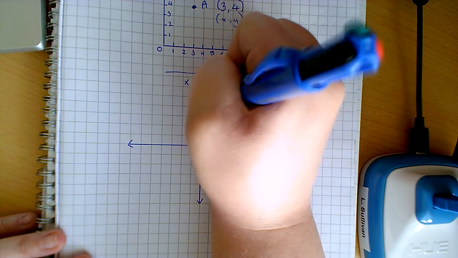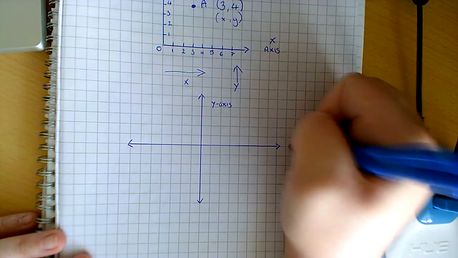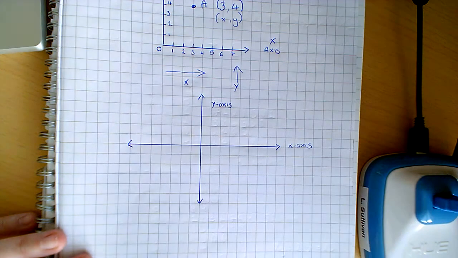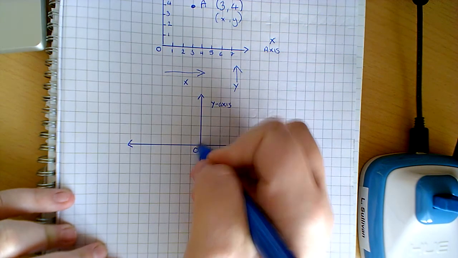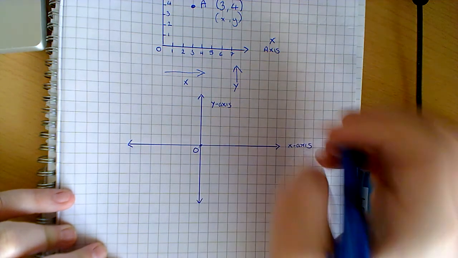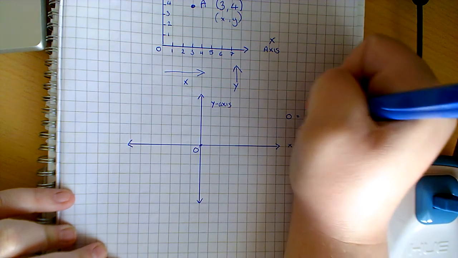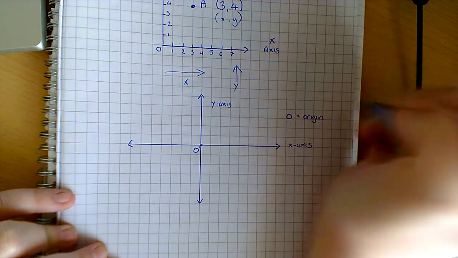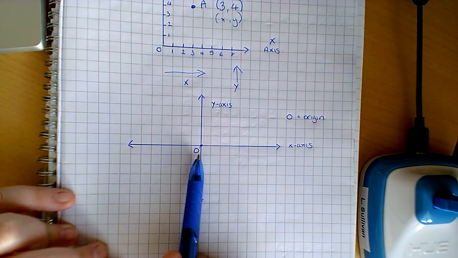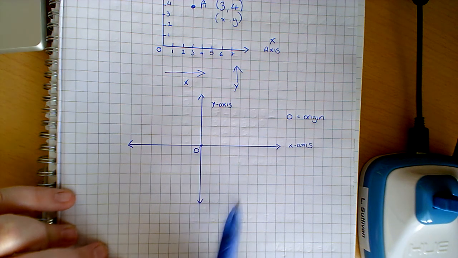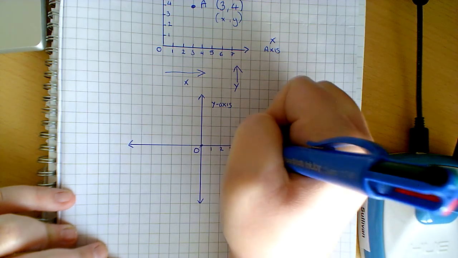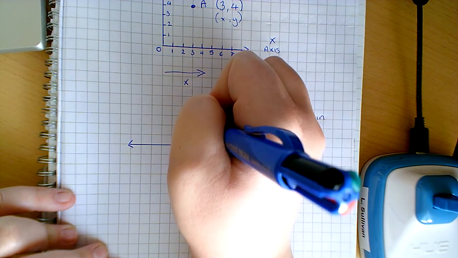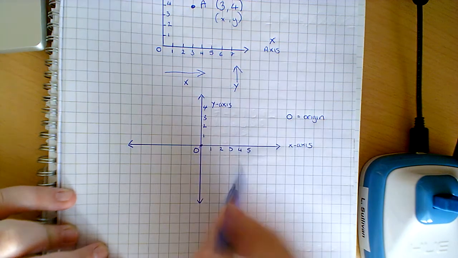Okay, so this is our y-axis and this is our x-axis. Again, our two lines meet at 0, 0, and this point is also called the origin, okay, because it's where both lines start and where they meet. So on our x-axis we have 1, 2, 3, 4, 5. On our y-axis 1, 2, 3, 4.